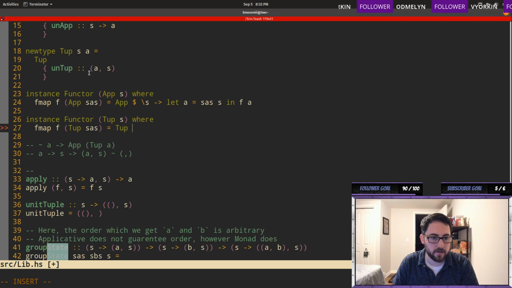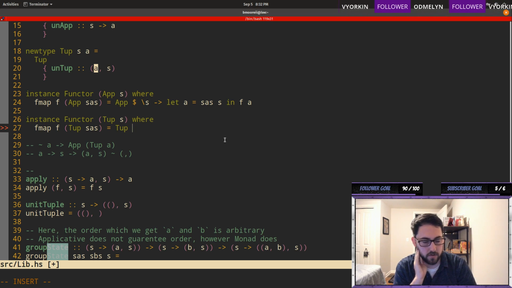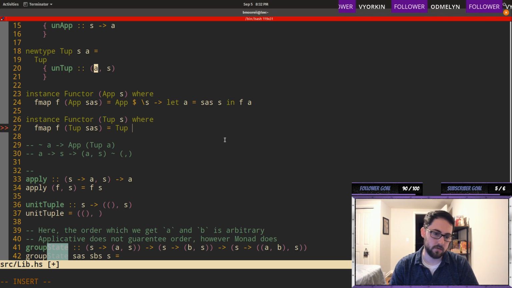So SAS is just this. And we need to apply F to just this. But we can't use fmap. Is there another... I know there's a bimap, but is there a first map? I don't know what to call it before I write it.